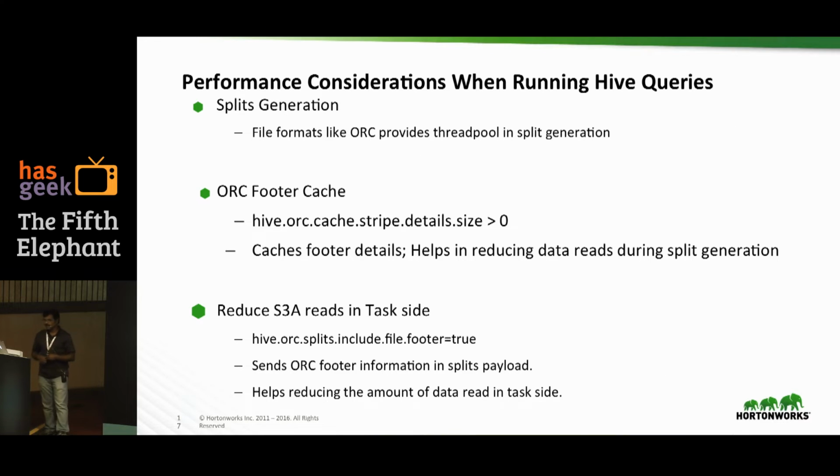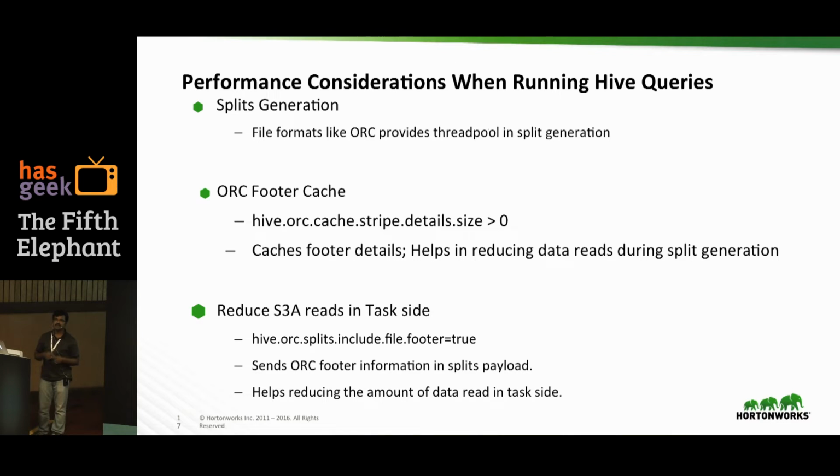So certain file formats like ORC and Parquet support a set of thread pools which can be made use of in terms of computing the split generation. Hive at a higher level provides a set of files to be scanned, and these threads can be made use of in terms of communicating with S3 and getting the information. So you might want to tune or set the appropriate number of ORC thread pool based on your use cases.